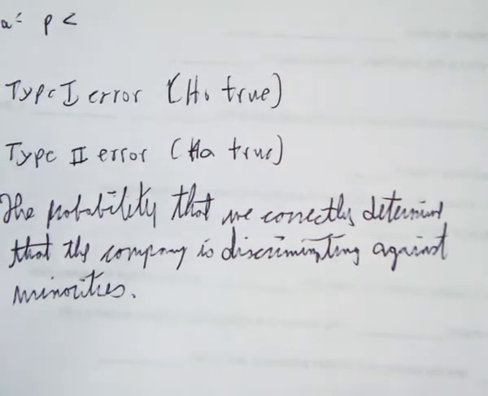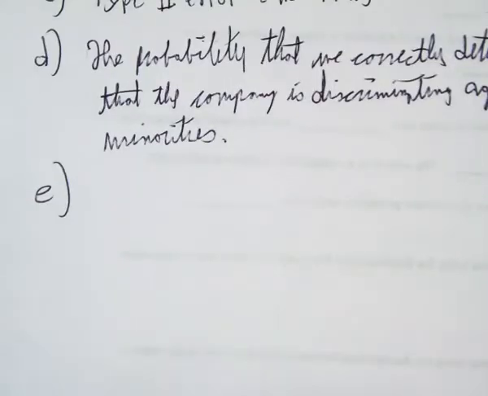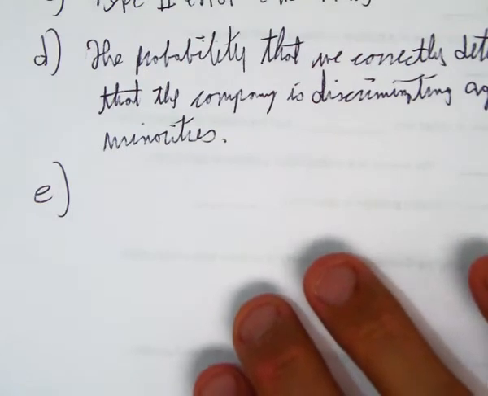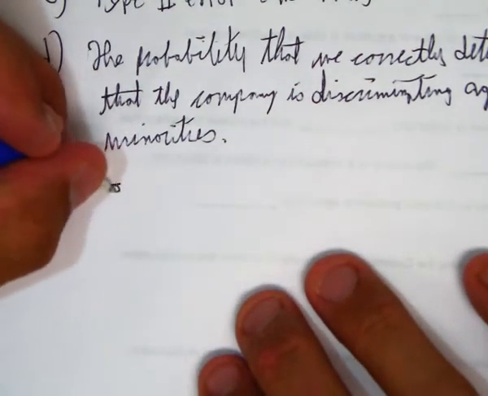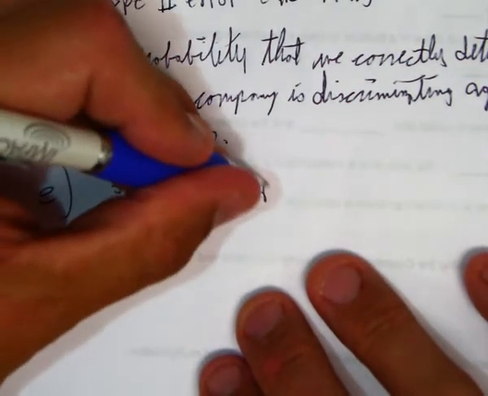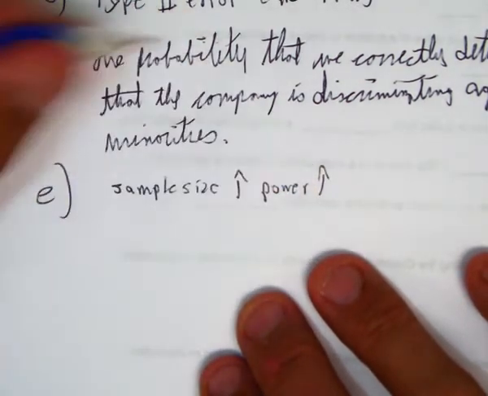Question E says, if the hypothesis is tested at the 5% significance level instead of 1%, how will this affect the power of the test? Well, there are 4 things that affect the power of the test. Sample size goes up, power goes up.